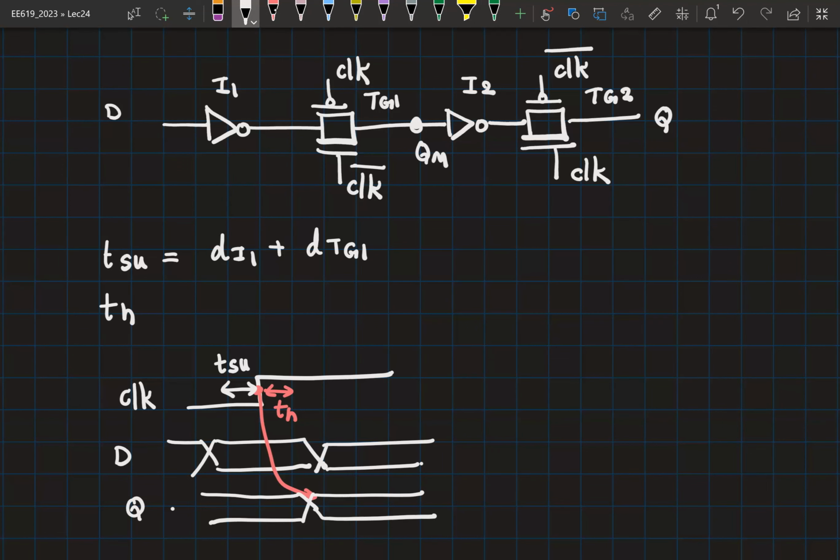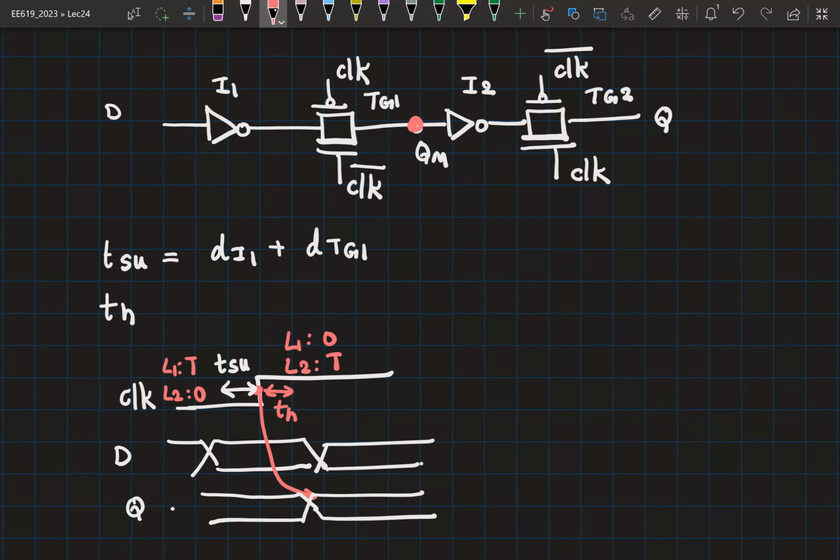Correct. So before here, L1 is transparent, L2 is opaque. Here, L1 is opaque, L2 is transparent. So your data should reach the QM node before L1 turns opaque.